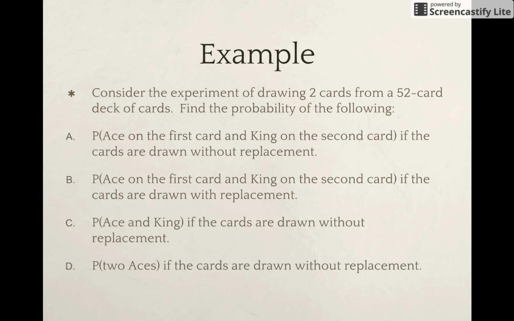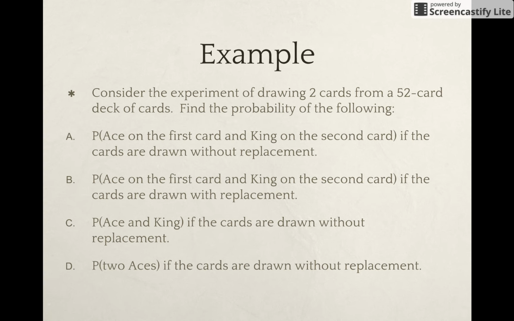Consider the following. Consider the experiment of drawing two cards. Find the probability of the following. A, probability of an ace on the first card and a king on the second card if the cards are drawn without replacement.